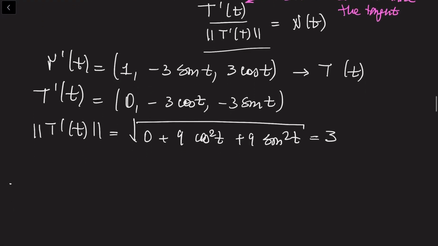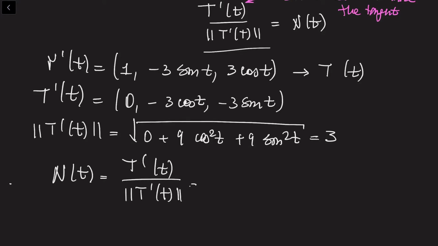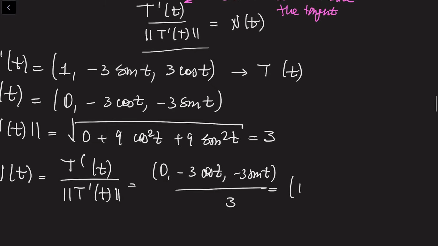So the unit normal vector is going to be the derivative of the tangent vector divided by the norm of the derivative of the tangent vector. So it's going to be 0, minus 3 cosine of t, minus 3 sine of t, divided by 3, which is simply equal to 0, minus cosine of t, minus sine of t.